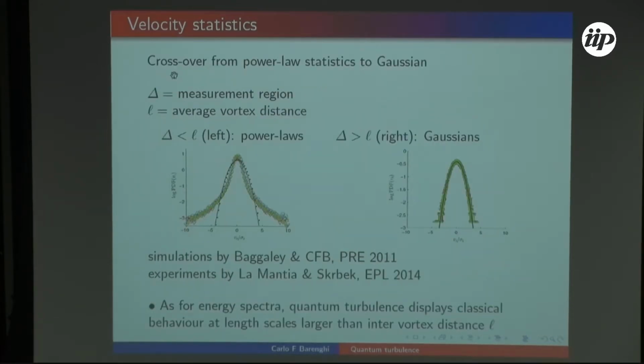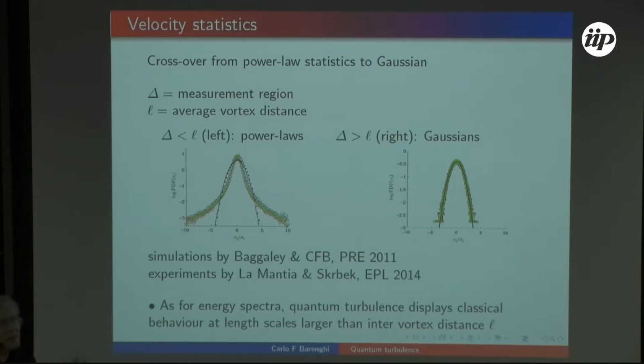Okay? Now there is another interesting point. When one does an experiment, one does not measure the velocity at a point in space, like in a numerical calculation. One measures the velocity of the tracer. So there is a region of measurement, which in the original papers by Paoletti and Dan Lathrop and Srinivasan in Maryland, essentially is the size of the micron, which is the size of the tracer.